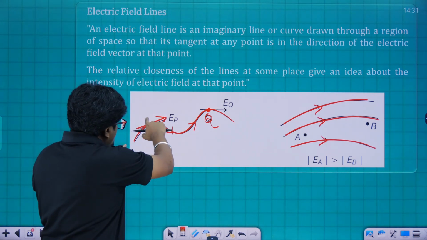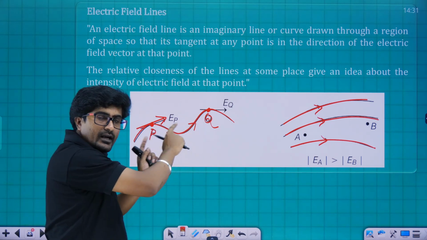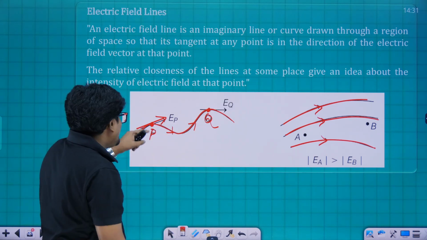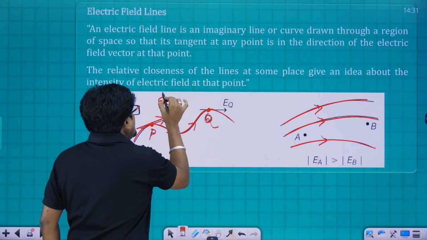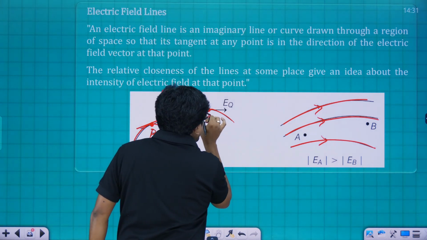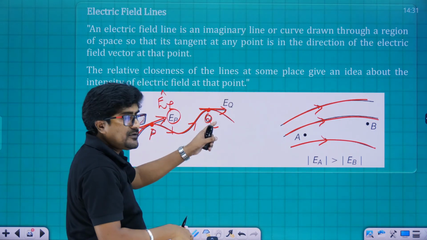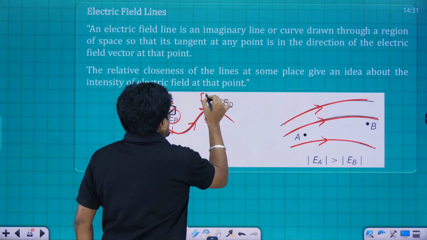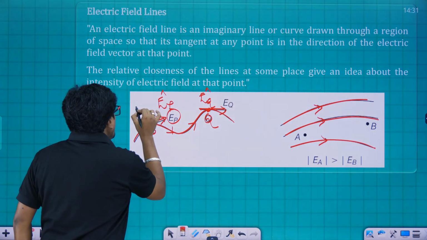Here the electric field was going towards the right, so I marked the point P, and along the electric field line I marked a tangent, and that tangent will give the direction of electric field here. So EP cap is going to be this. At Q, if I want to find the electric field, it's again a tangent in the same direction of the electric field, so this is going to be the direction of EQ cap. Information number 1.